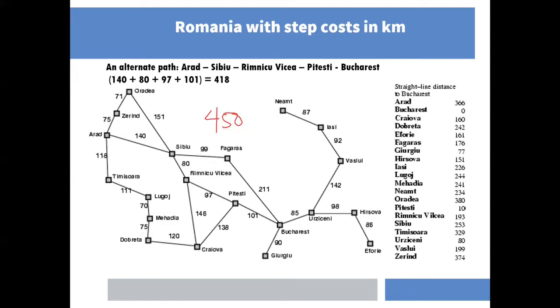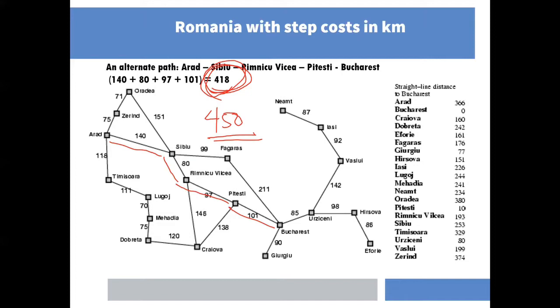However, there is an alternate path, which is Arad, Sibiu, Rymnicu, Pitești, and Bucharest, which has a total of 418. So this one is definitely lower than the 450 that we got earlier using greedy search.